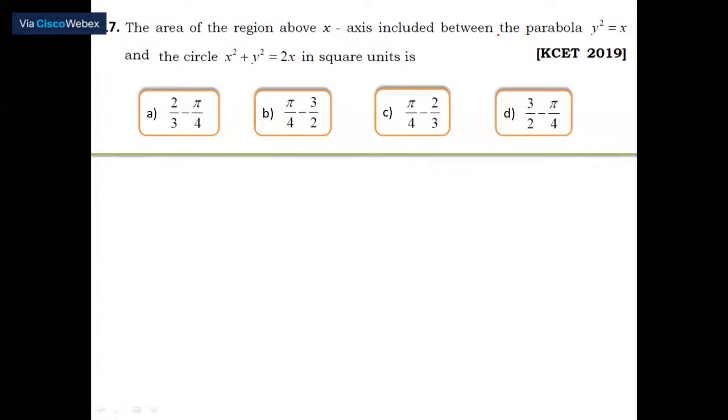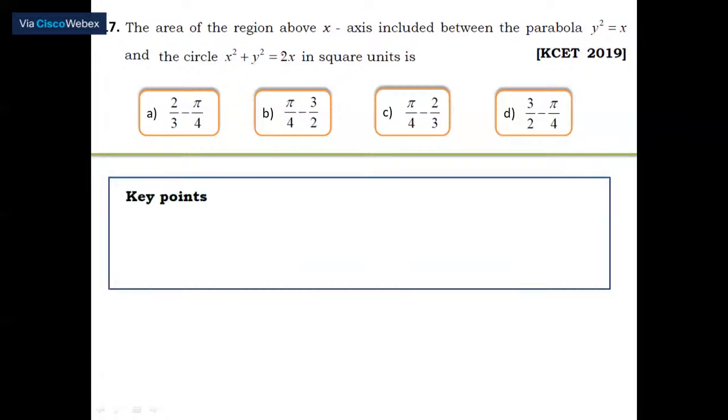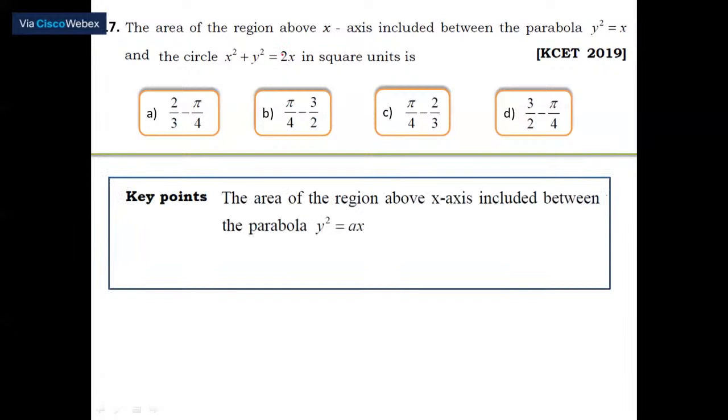Okay, here it is asked to find out the area above the x-axis between the parabola y square is equal to x and the circle x square plus y square is equal to 2x. So here to find out this area, let us use the result what we have.